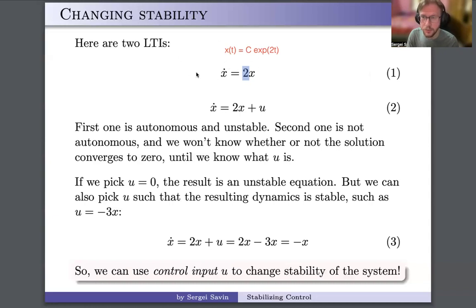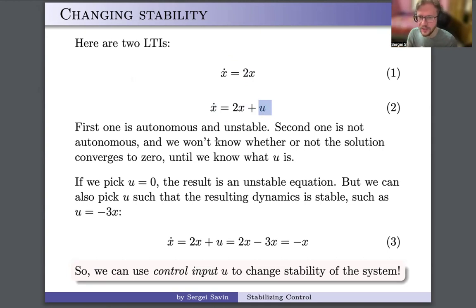So this is unstable. It does not meet our definition of stability, namely solutions that start from different points will all diverge away from each other. There's no convergence to one solution. Now let us consider this example. This is a system with an input, so it is not autonomous. There is u.